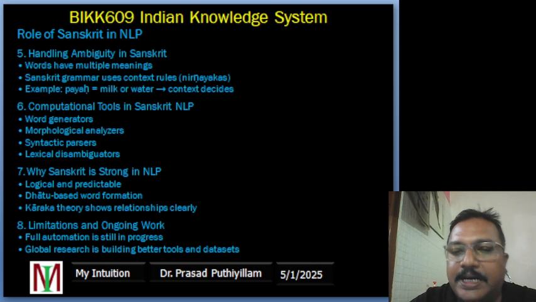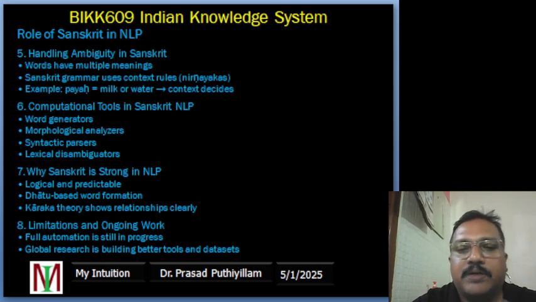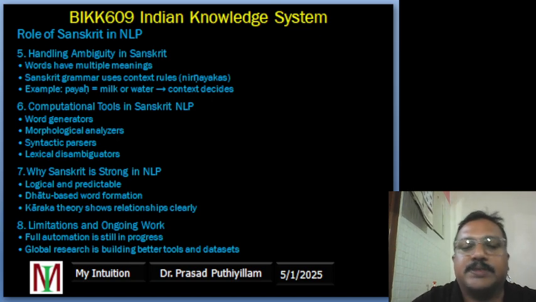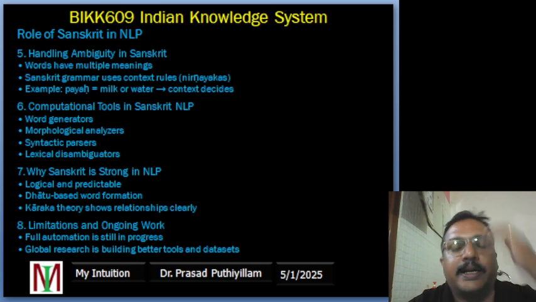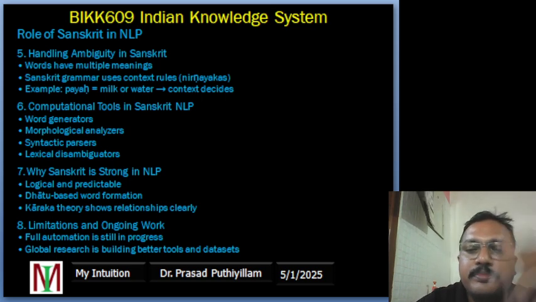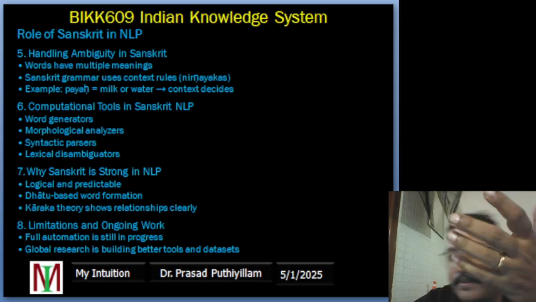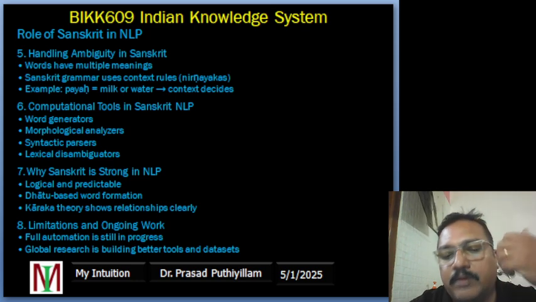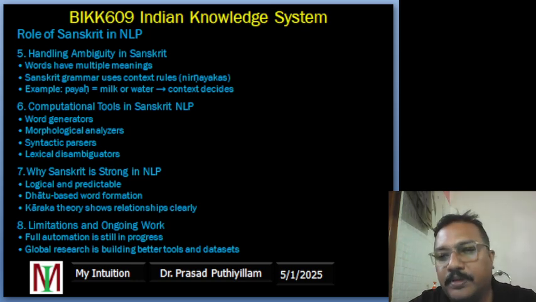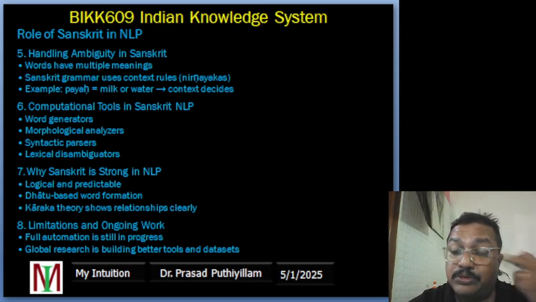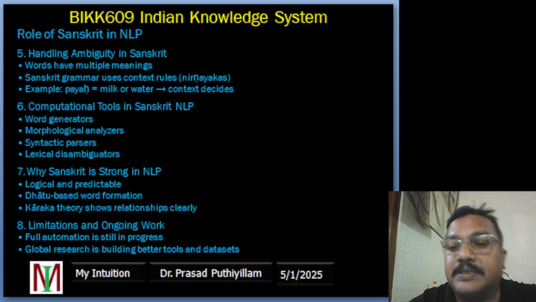Morphological analysis breaks words down into their parts like roots, suffixes, and prefixes. Syntax analysis helps computers analyze how words connect in a sentence and choose the correct meaning of a word based on its context. These tools make it much easier for machines to process Sanskrit systematically.